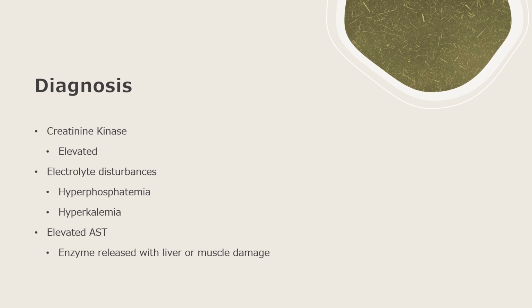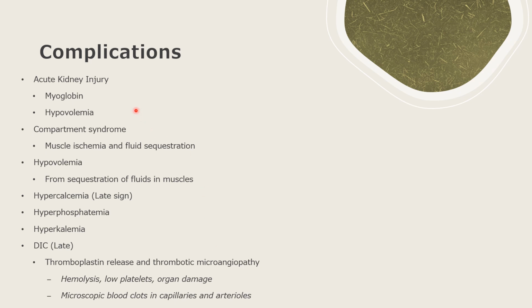So complications, again, that acute kidney injury, because we have myoglobin as well as hypovolemia. We're going to have a big fluid shift into the inflammation of the muscle tissue, and having to break down all that protein is really hard on our kidneys. They can develop compartment syndrome, which can lead to muscle ischemia, which is going to worsen our rhabdo, as well as fluid sequestration.